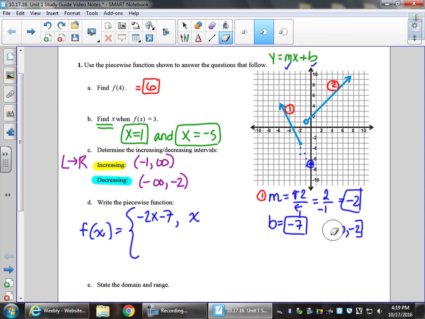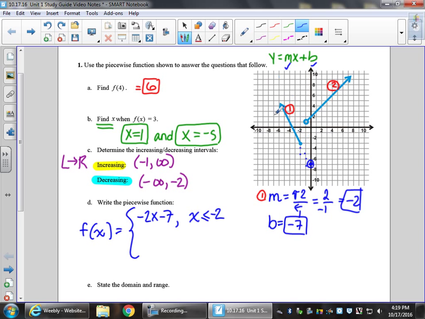So instead of seeing this as an interval, I really want to see this as an inequality on a number line. And if I see it that way, I see that negative 2 is my largest x value, and it's left forever and ever. So x is less than or equal to negative 2. That is my restriction. I know the or equal to part because that's a filled in dot.